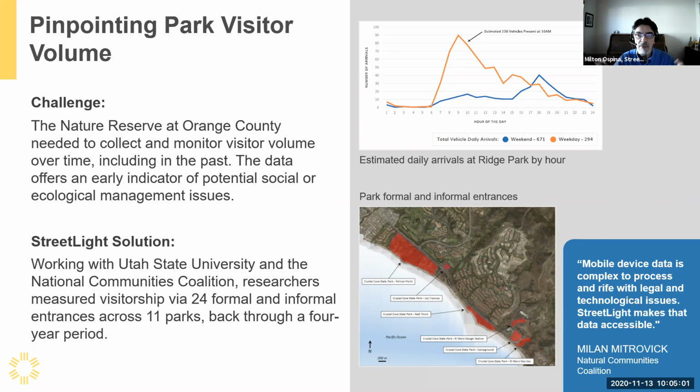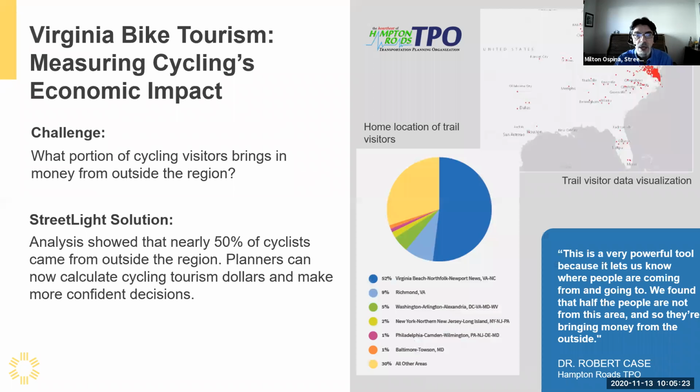In the case of Rocky Mountain, because it's so large, they were able to identify how people behave within the park, because that can help the park determine where to put bathrooms or garbage cans and things of that nature. So again, travel behavior and how that relates to parks, and bike and ped as a way to measure economic development impact.